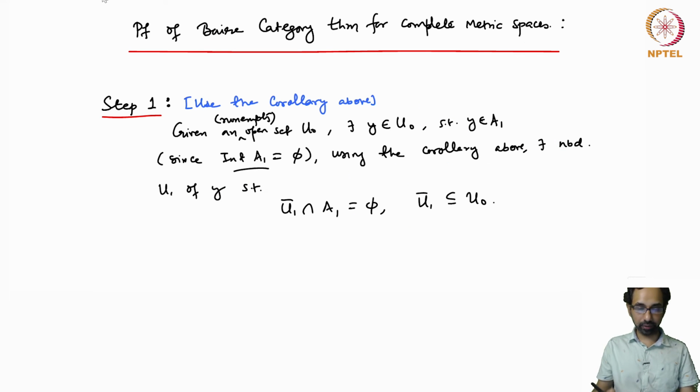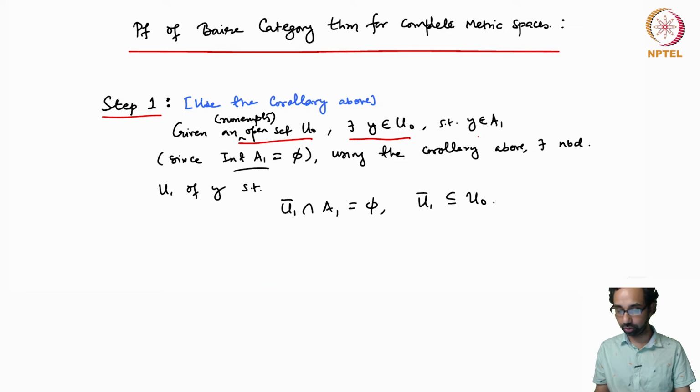But let us now begin the proof of the Baire category theorem for complete metric spaces. So to start with, the first step is exactly the same as the proof given for the compact Hausdorff space. So given any non-empty open set U0, there exists a point y such that y belongs to U0 and y does not belong to A1.